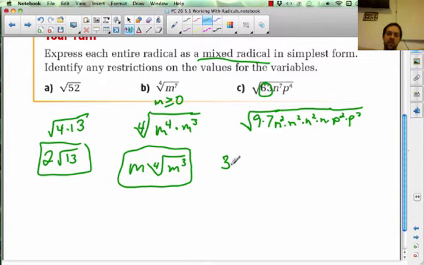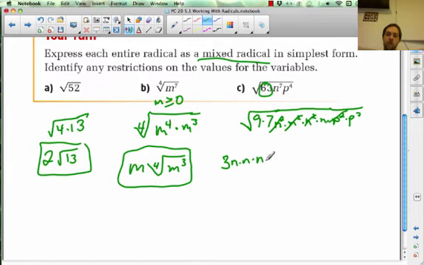The square root of n squared is n. One of them done. The square root of n squared is another n outside the radical. Two of them done. The square root of n squared again is a third n outside of the radical. This n stays because we don't have two of them. We don't have enough to square root.